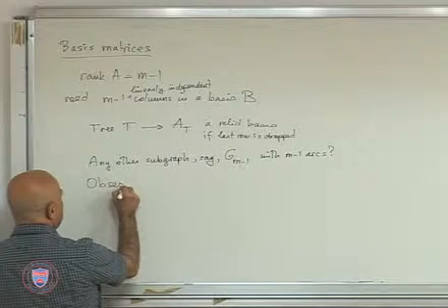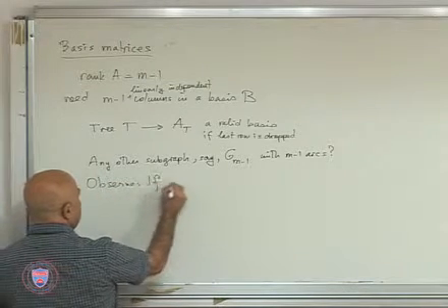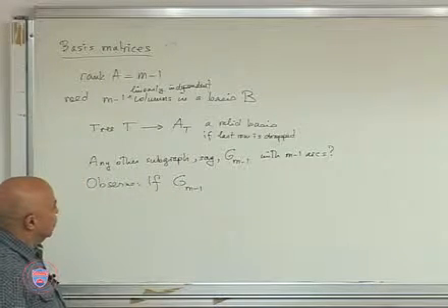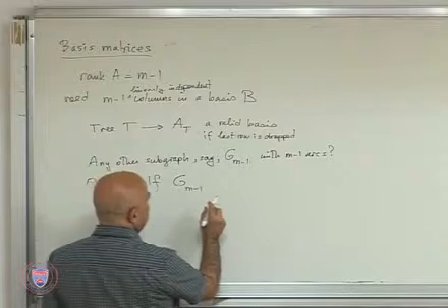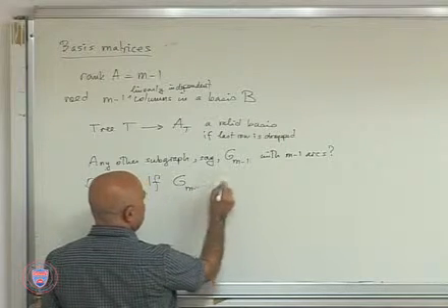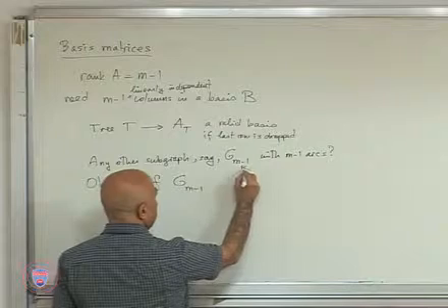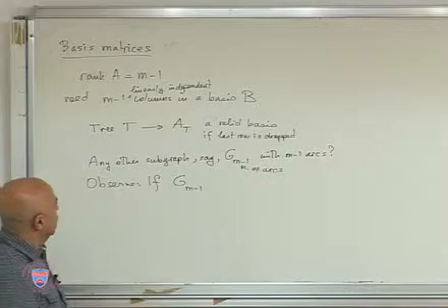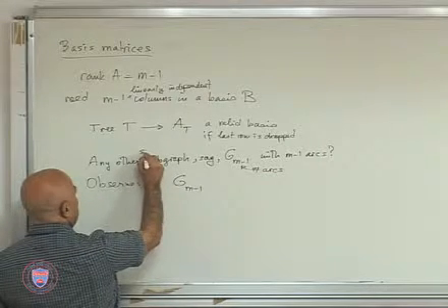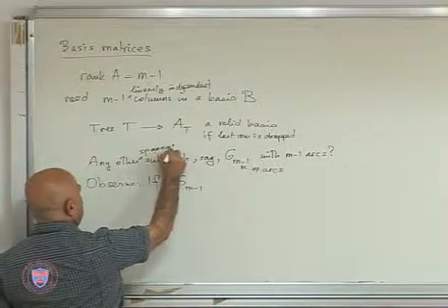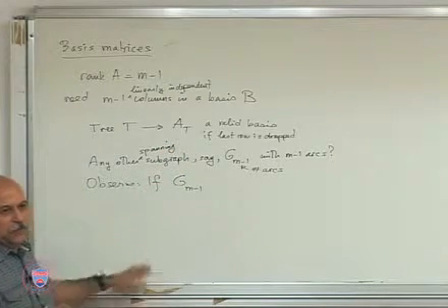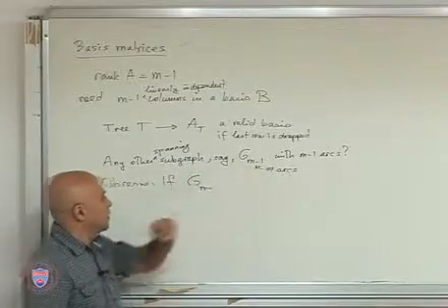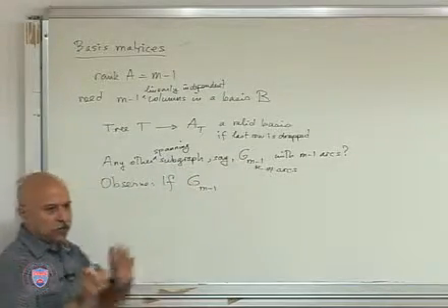So here's an observation for you. If a subgraph having m-1 arcs, so this refers to the number of arcs in the subgraph, okay? And of course it should be spanning. Every node is included in the subgraph, so it's a spanning subgraph, but it has m-1 arcs. This is just a convention for that, okay?